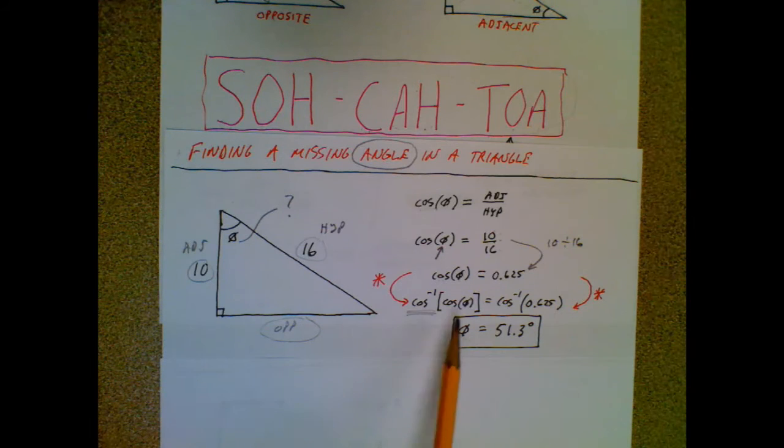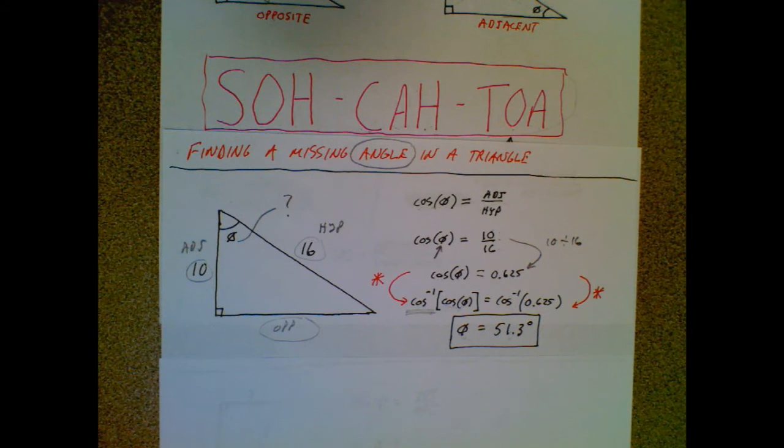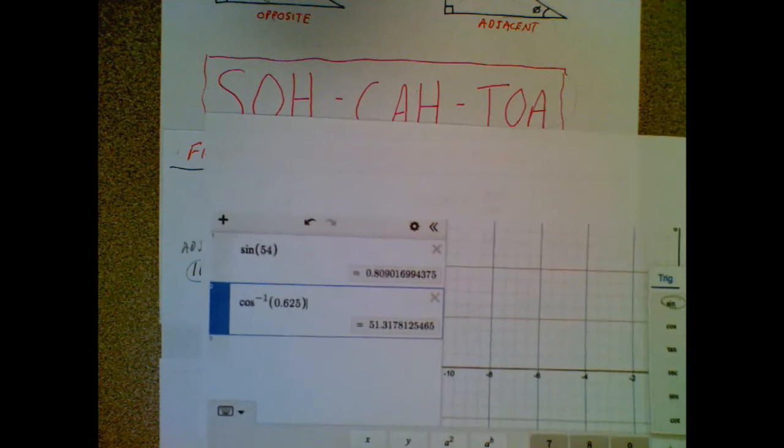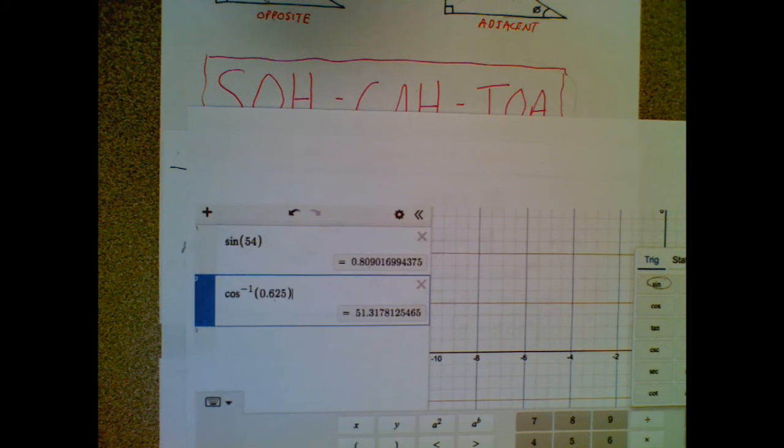So what I really did is, in this case, on this side, the inverse cosine and the cosine fight to the death, and I'm just left with theta. Over here, I need to turn this into a number, that's 51.3 degrees. That's what I was doing on Desmos right here, or on your calculator.